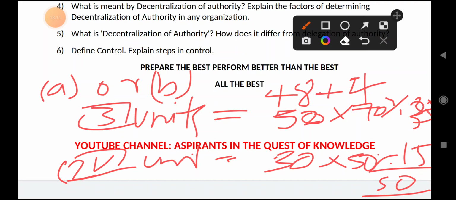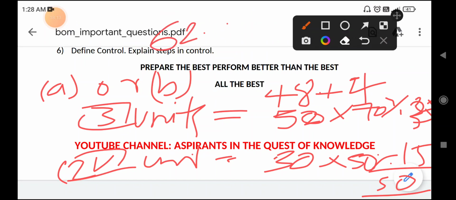Okay, you will be at 62%. Even if you get 18 in internal, 62 plus 18 makes 80%, means you will be getting 80% of marks overall.